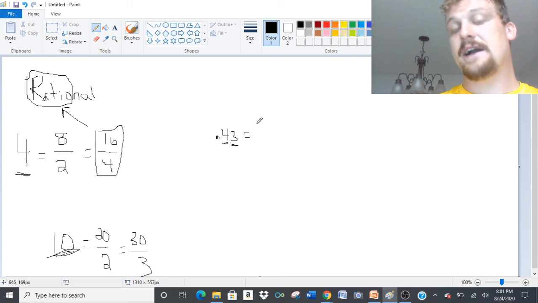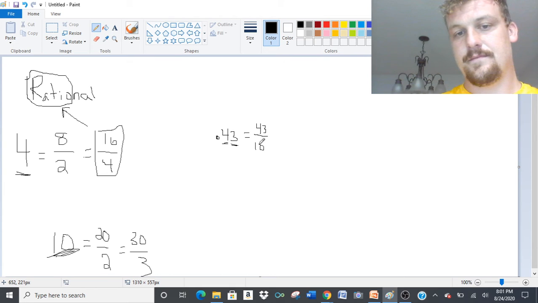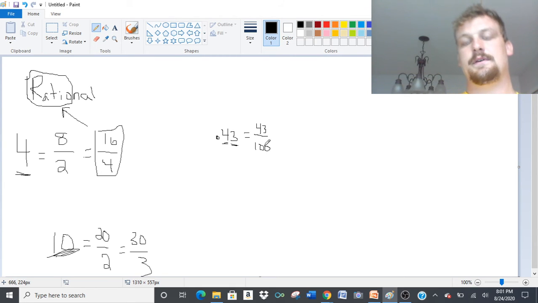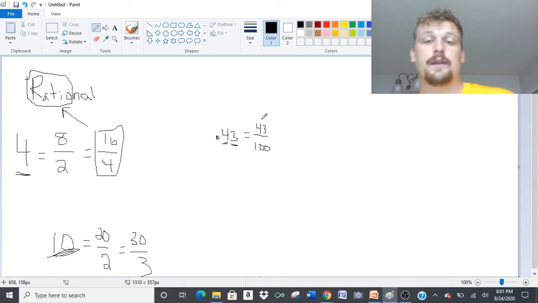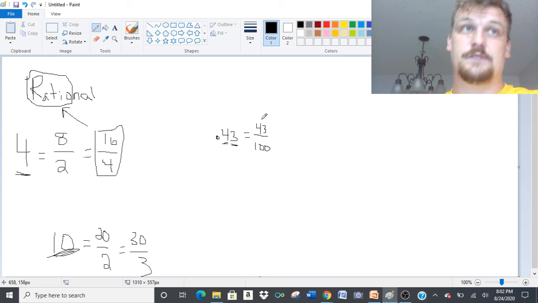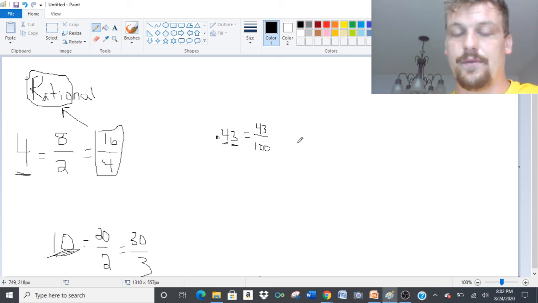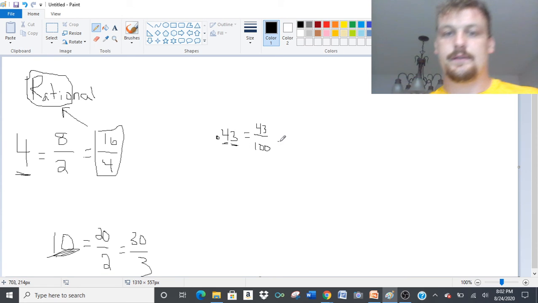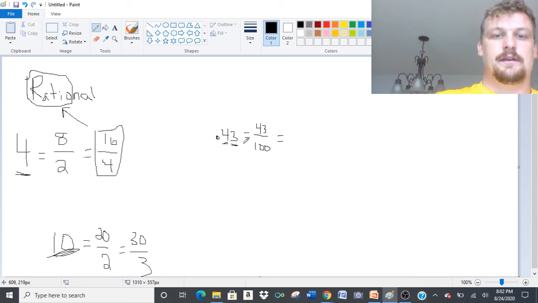So to put it in a fraction, since it's in the 100th place, you can do 43 over 100. Is that a division problem? Yeah, because 43 divided by 100 gives you 0.43. Hopefully that is making sense.